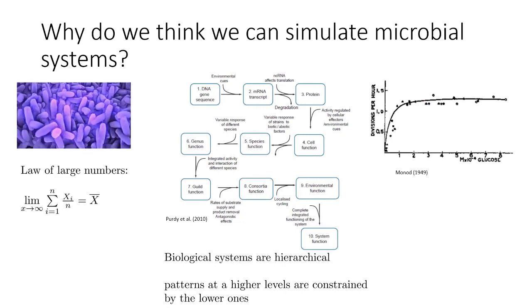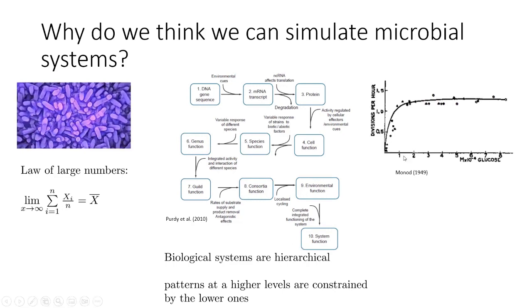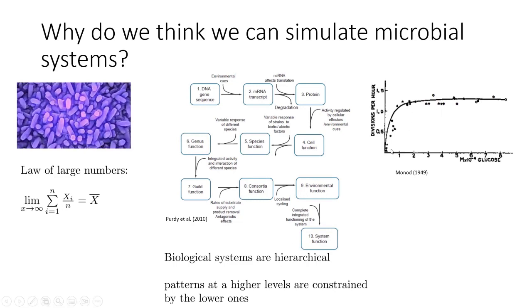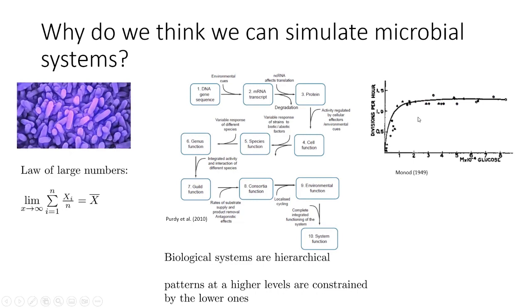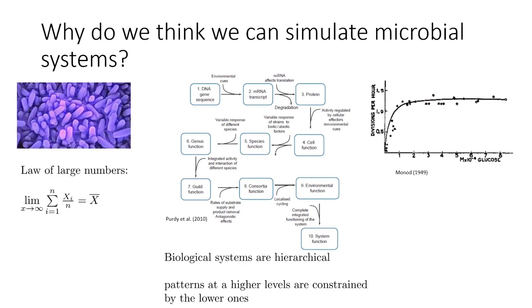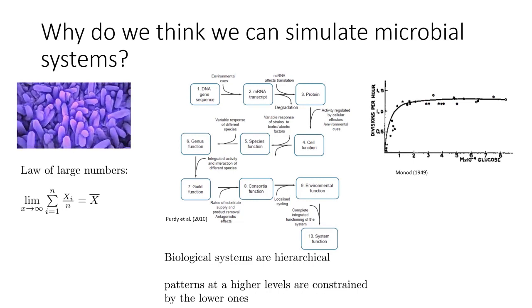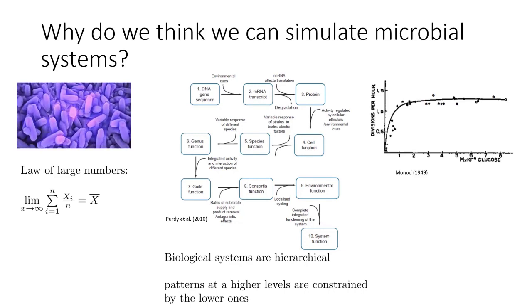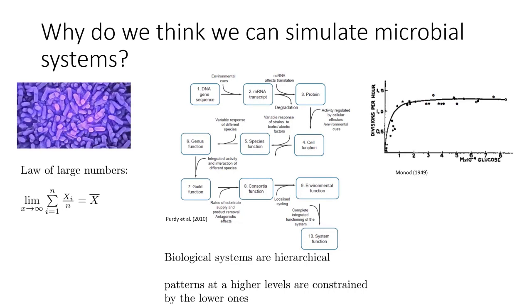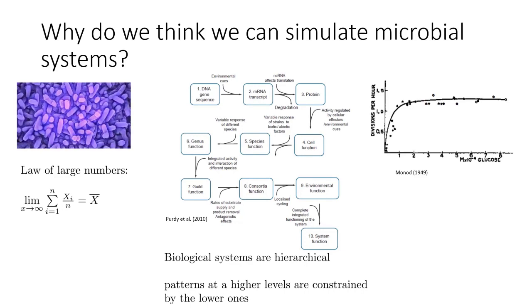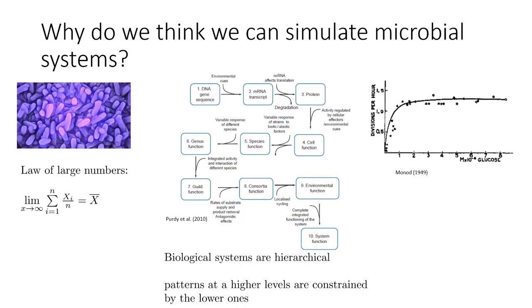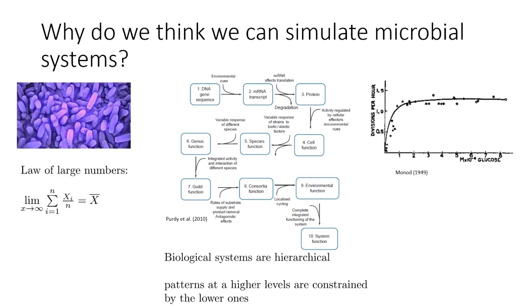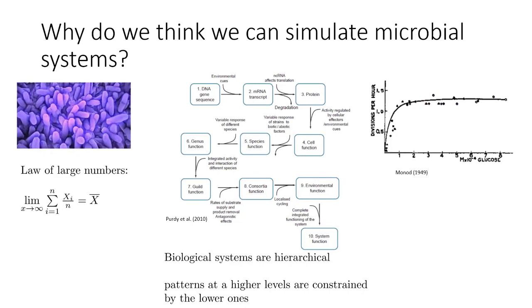A very classical example is microbial growth. Monod in '49 showed this very nice relationship between the consumption of glucose and the growth of cells. If you think microscopically, a very complex thing is going on: consumption of glucose, at least more than 12 reaction steps to produce energy and to grow.